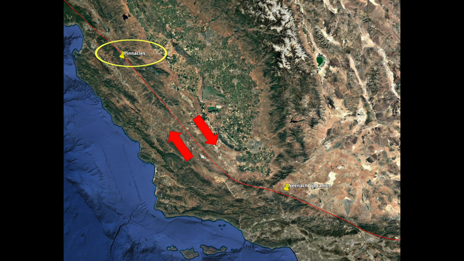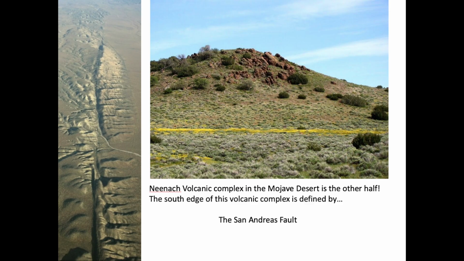Pinnacles is the national park today, which has towering rock pinnacles and high relief topography. But the Neenach Volcanics, which is the other half of the volcanic complex, is made of relatively low relief hills. And it looks pretty much like this. This is part of the Mojave Desert, or very near the Mojave Desert, and its southern edge is defined by the San Andreas Fault, whereas the Pinnacles area, the northwest part of the park's rhyolitic rocks, are defined by the San Andreas Fault.